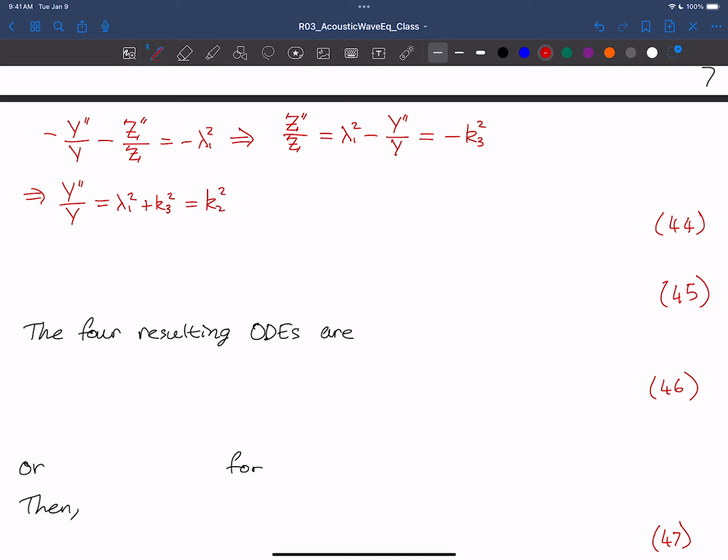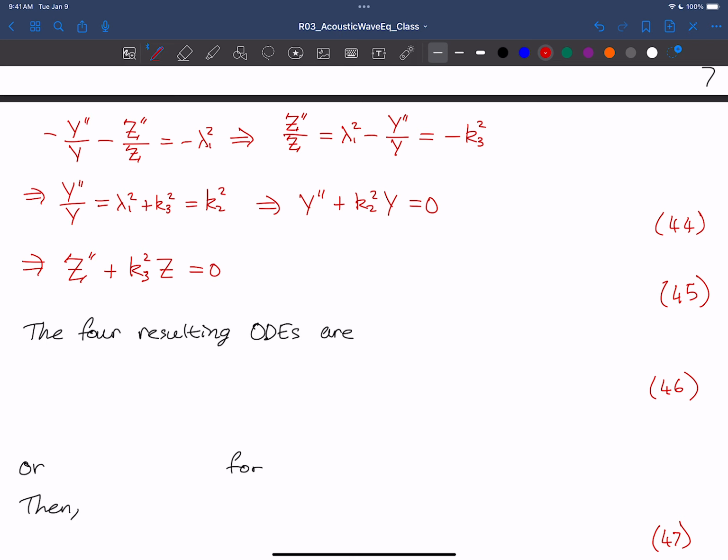So lambda 1 squared plus k3 squared is equal to k2 squared, and therefore we get that Y double prime plus k2 squared Y is equal to 0. And then lastly, for the last equation, we get that Z double prime plus k3 squared big Z is equal to 0.